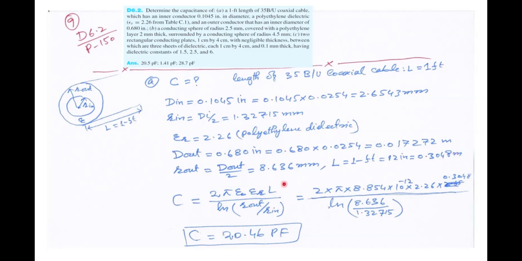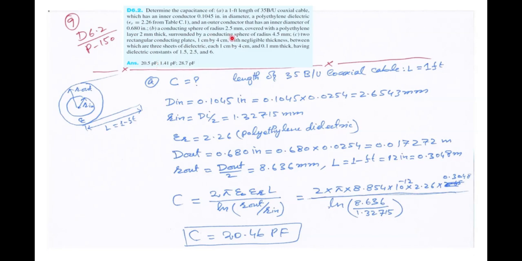The expression of capacitance in between the two conductors of the coaxial cable is given by this one. Plug in the values of L, epsilon R, epsilon naught, and R out, R in, and using a calculator we finally come across this value, which is 20.46 picofarad, which exactly matches the answer given in the book.